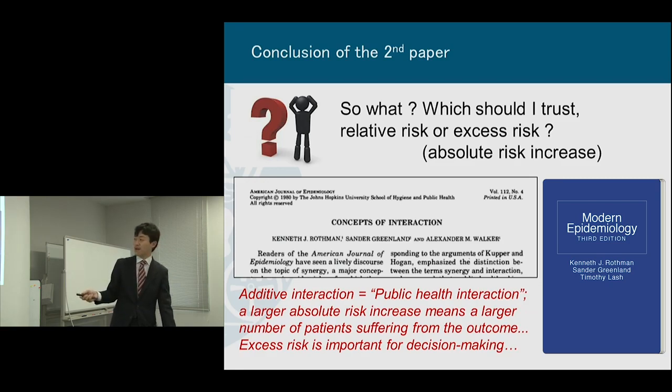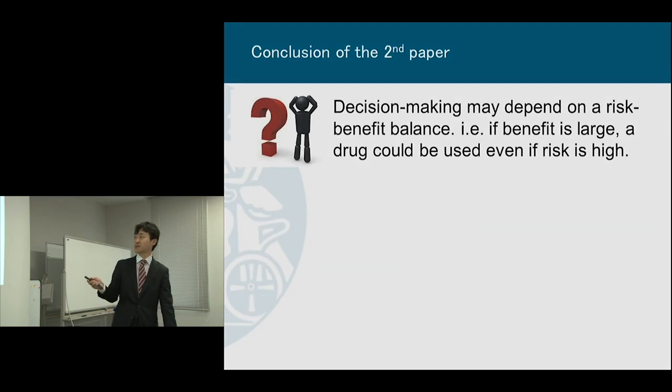But what I thought was, if discussing decision making, my interest was also the risk-benefit balance. So coming back to the original question, risk-benefit balance. If the benefit is large, a drug could be used even if the risk is high.